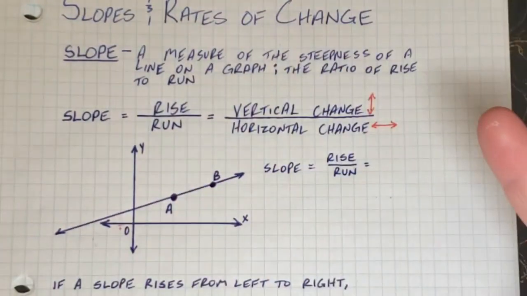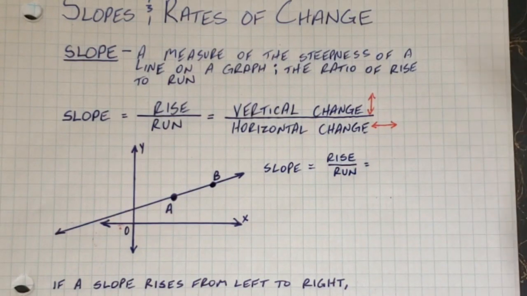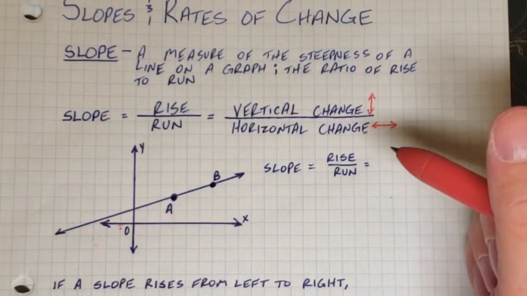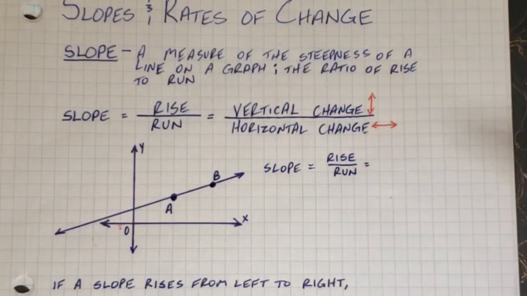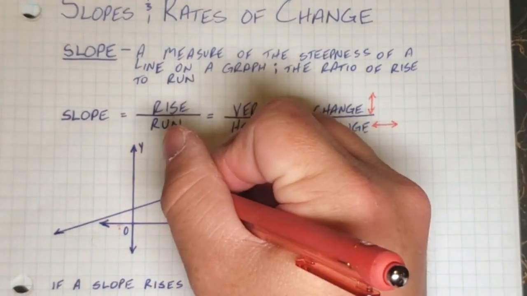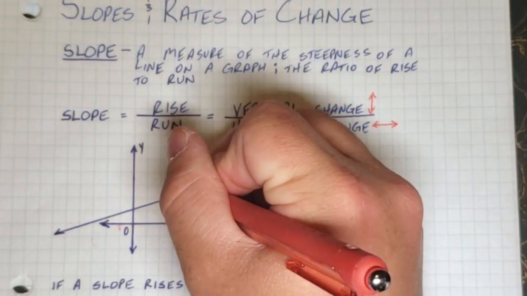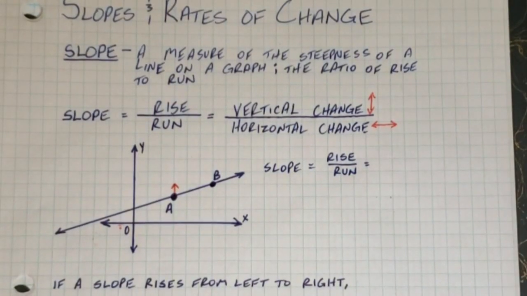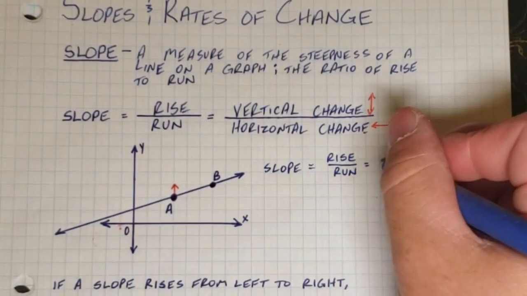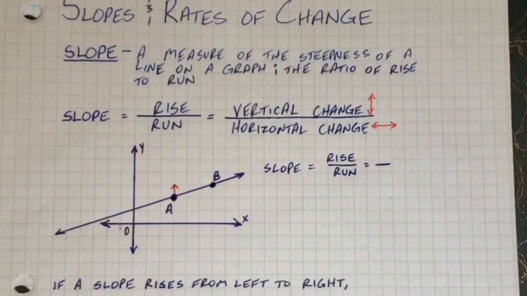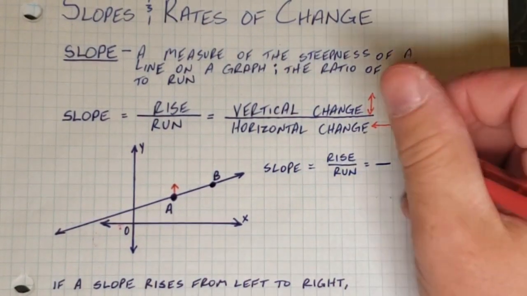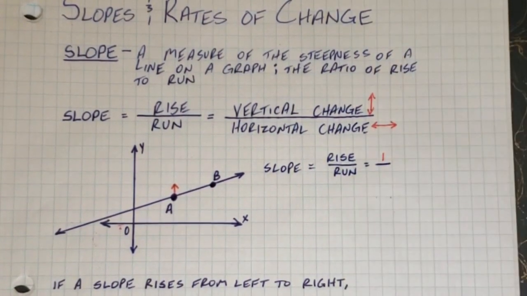Let's pick A, and we count how many vertical units we change to go from A to B. Well, all you have to do is move up 1 space. All right, so up 1. Does that sound like a positive 1 or a negative 1? That sounds like a positive 1 to me.